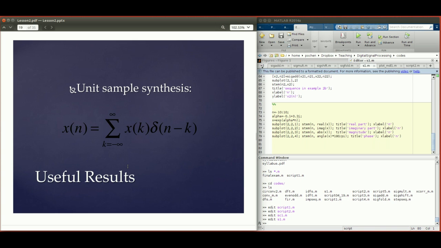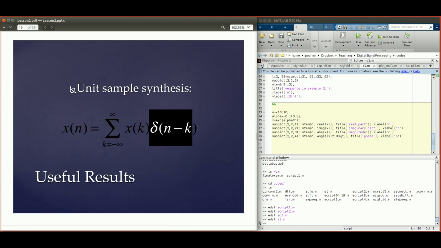Unit sample synthesis is expressed using this particular equation. It's not too complicated if I try to explain it. It just means that any signal x[n] can be represented as a linear superposition of weighted and shifted impulse signals.